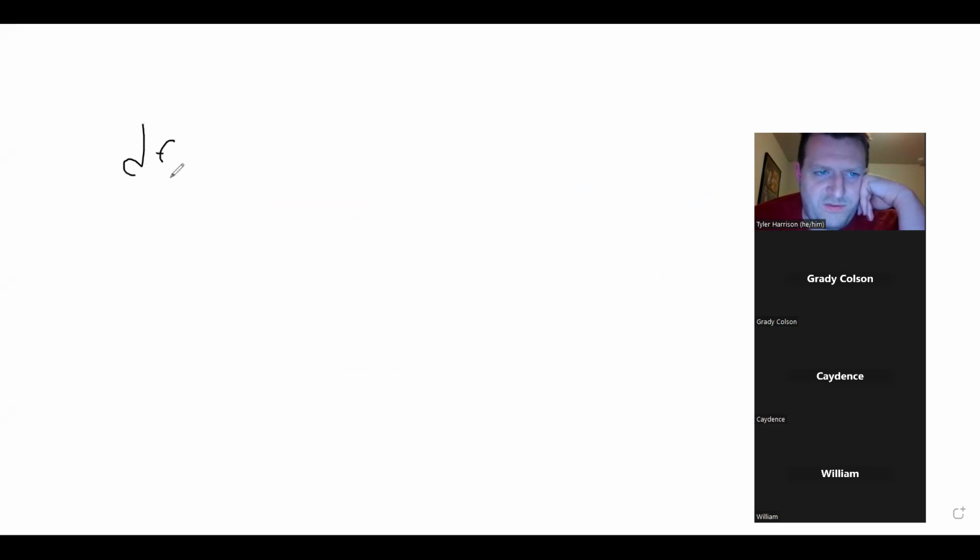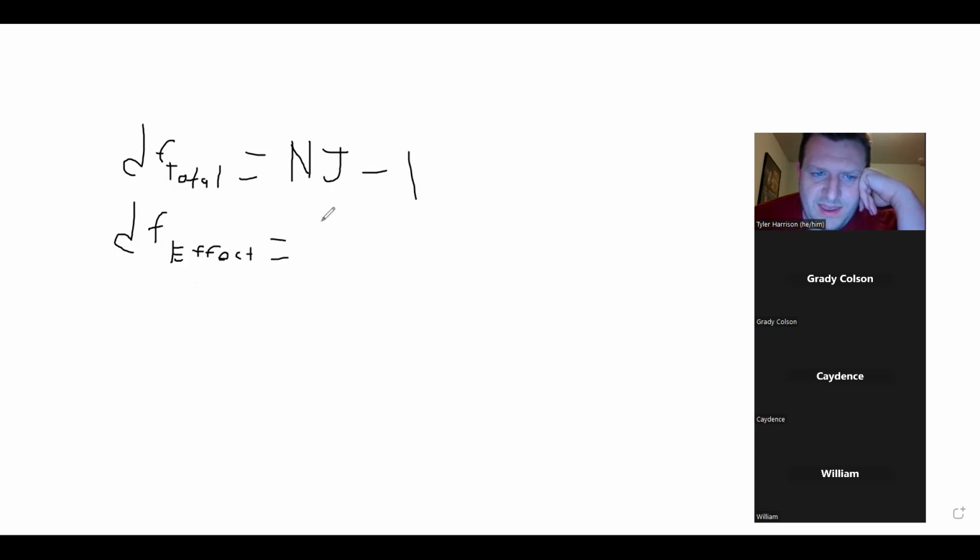So we've got degrees of freedom total, which is equal to the number of subjects multiplied by the number of conditions that we have, minus 1. We've got the degrees of freedom for the effect, and the degrees of freedom for the effect is J minus 1.